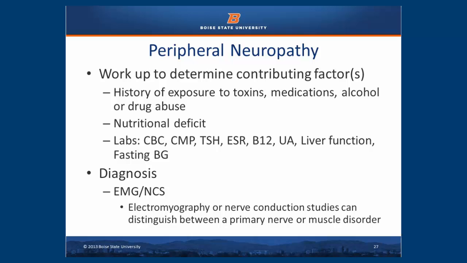Diagnosis of peripheral neuropathy is made via electromyography or nerve conduction study testing. In primary care, most of the workup that you will do will be to determine potential causes. You'll be looking for a history of exposure to toxins, medications, alcohol or drug abuse, nutritional deficit, or labs to identify underlying cause.